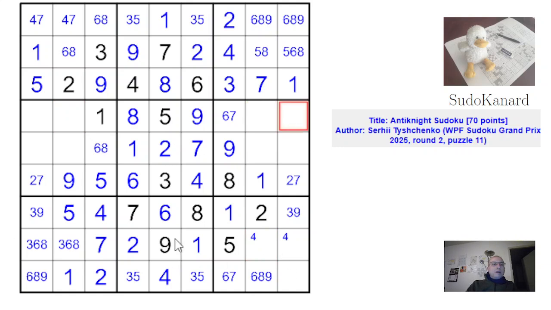Well, so let's move on to this cell, perhaps, yes. This cell can be any of those digits, which means that only 5 and 6 remain. Yes, only 5 and 6 remain.